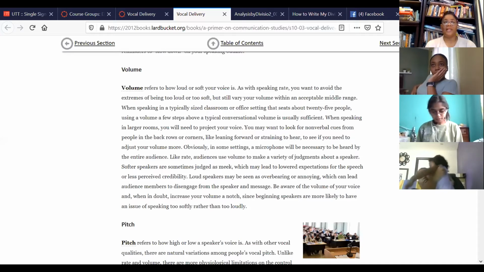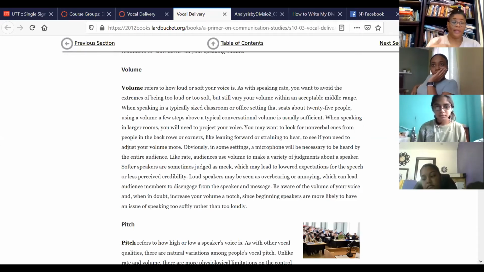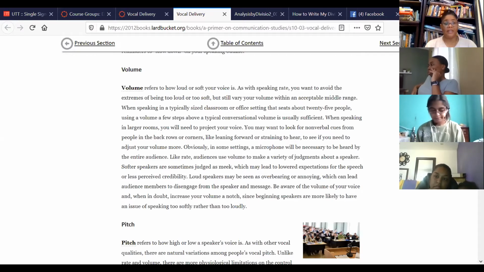So, for example, when you're speaking and you drop your voice and go very soft, people have to lean in to hear what you're saying. So by controlling your volume, you're actually making people focus their attention, right? The opposite is also true. If I raise my volume on certain words, I am stressing those words. And so, again, I call attention to something very specific in the message, right?